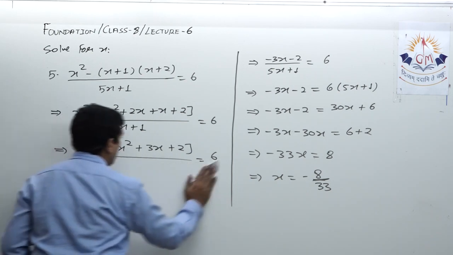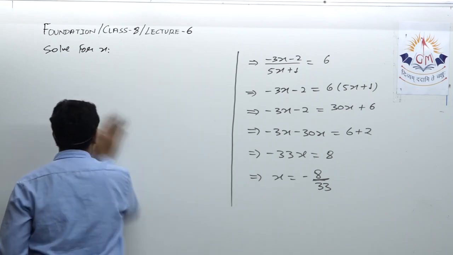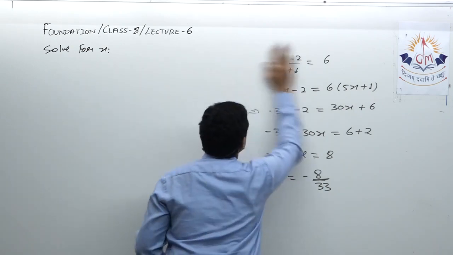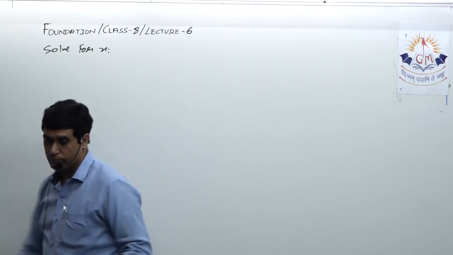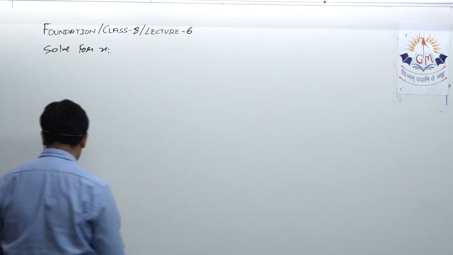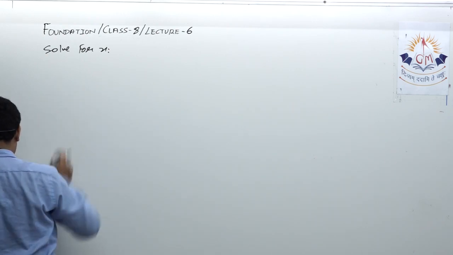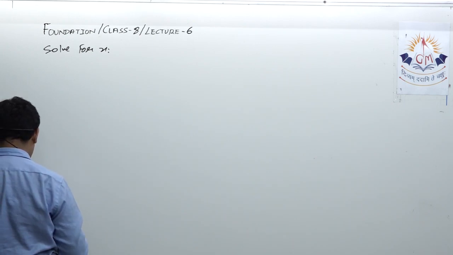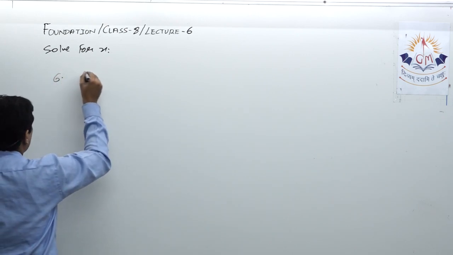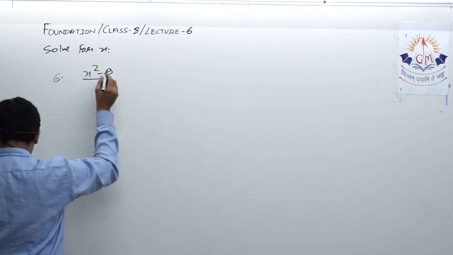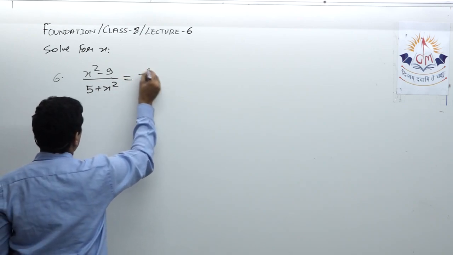Okay, now next question is question number 6 actually. x square minus 9 upon 5 plus x square is equal to minus 5 by 9.